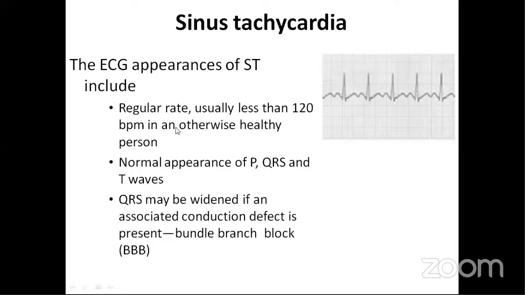There is a regular heart rate in beats per minute, and a normal appearance of P, QRS, and T waves, but the QRS may be widened if it is associated with a conduction defect, that is bundle branch block. So the impact is that the QRS may be widened in sinus tachycardia.